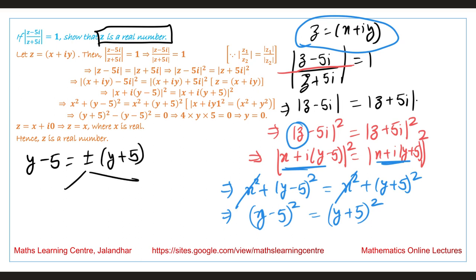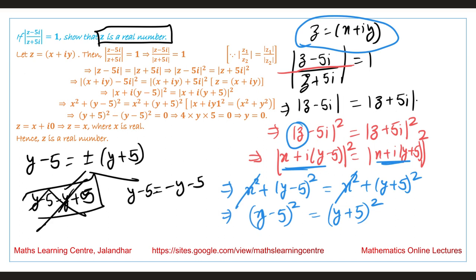So we are talking about two cases: y minus 5 is equal to y plus 5, and second, y minus 5 is equal to minus y minus 5. This first case is not possible, because we are getting minus 5 is equal to 5. So we are left with the second case, so we are getting 2y is equal to 0. So the value of y we are getting is equal to 0.